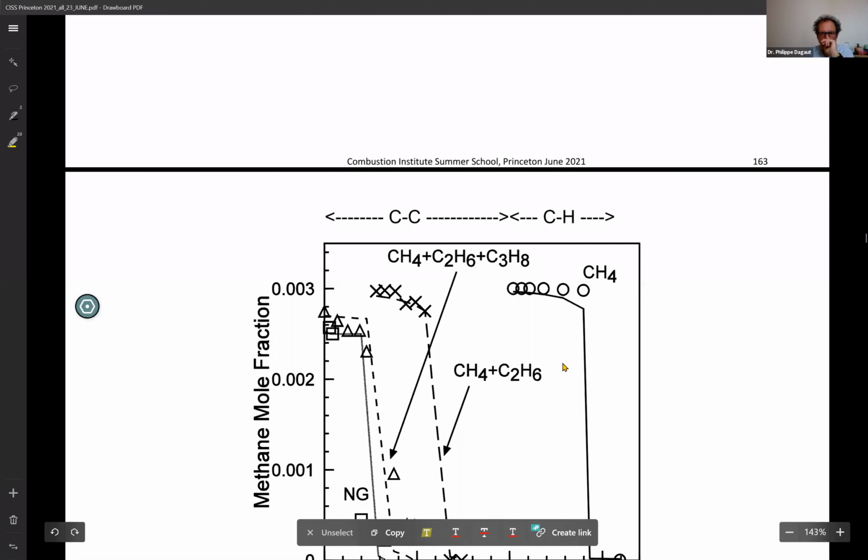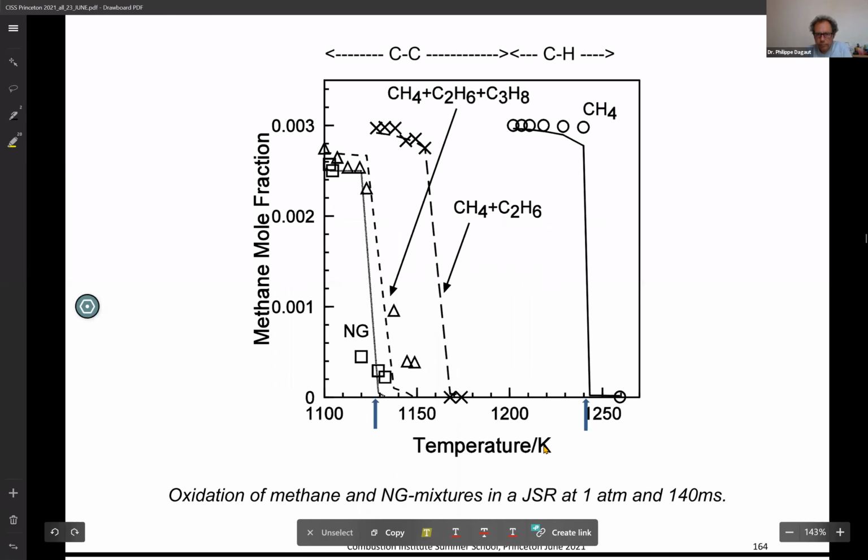There is also a representation of the modeling results. The lines are from a kinetic model. This is the oxidation of methane and natural gas-like mixtures. These were performed in a jet stirred reactor at atmospheric pressure, with a residence time of 140 milliseconds.